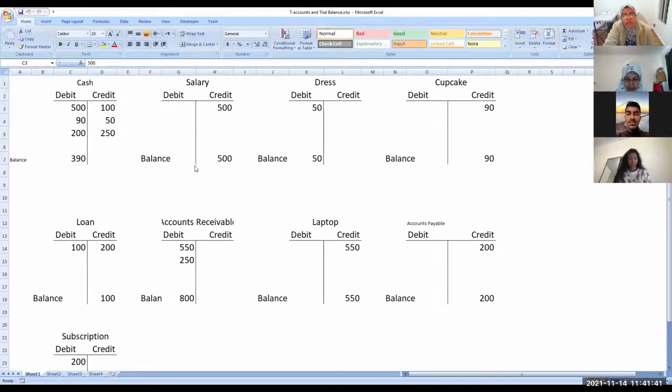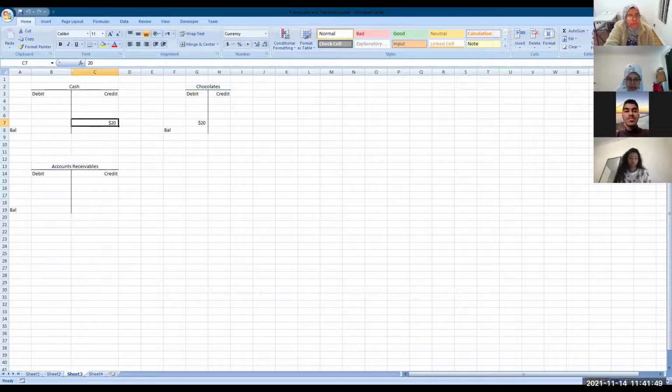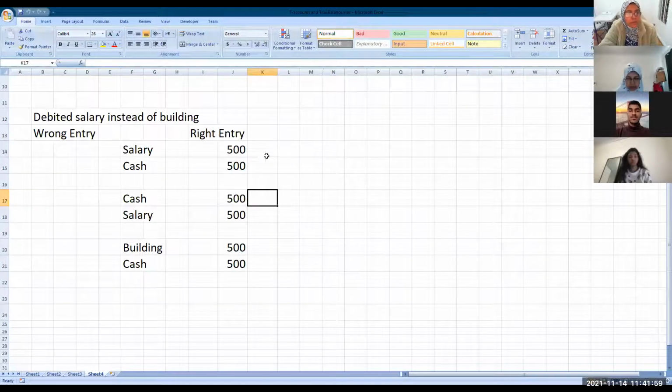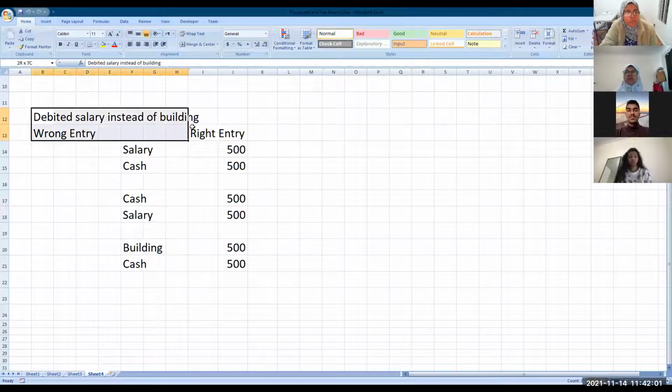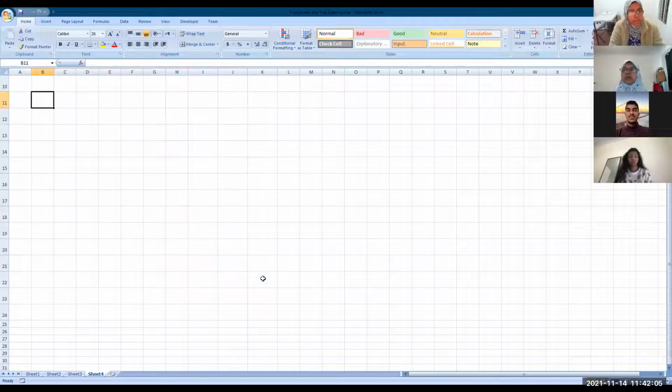Okay, so you can see all the entries here. I'll delete the entries and do it again with you. Trial balance. So we'll make the trial balance here.